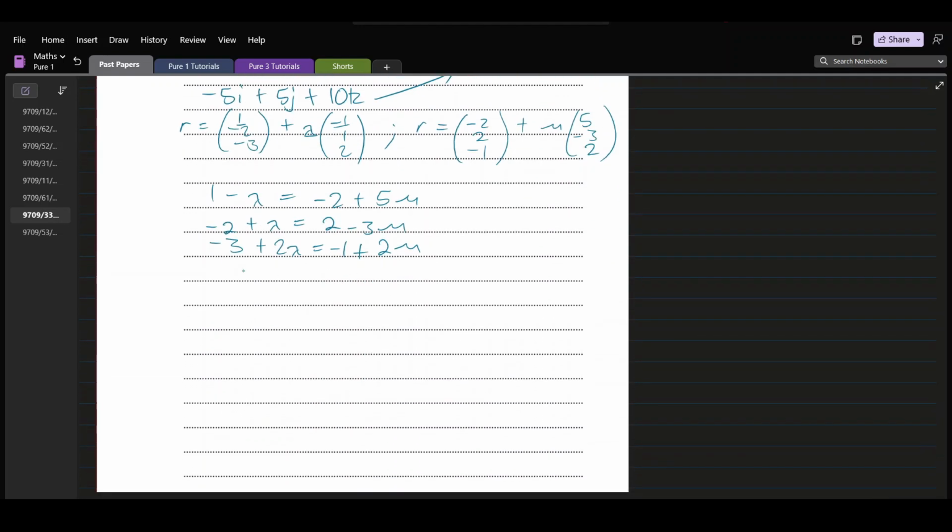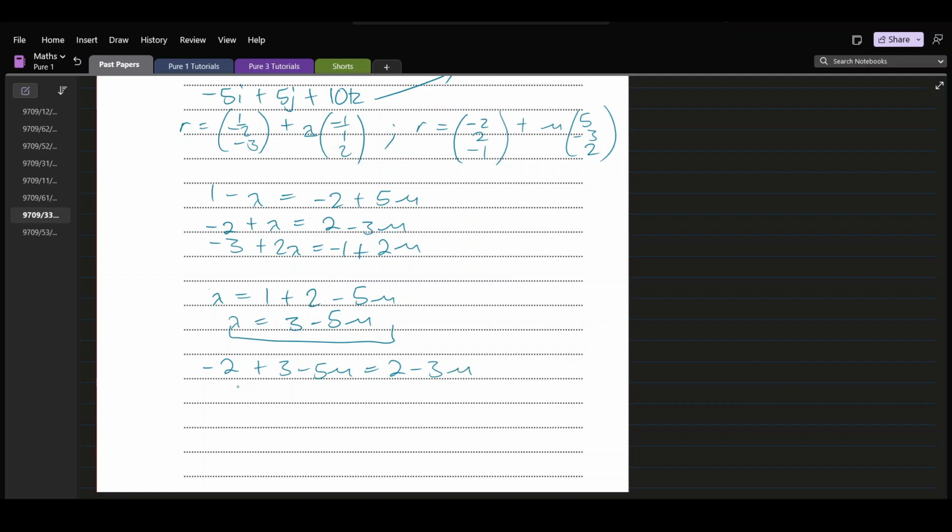Okay, let's deal with the first equation. 1 minus lambda is equal to negative 2 plus 5 mu. Let's make lambda the subject of the formula. So lambda is equal to 1 plus 2 minus 5 mu. Lambda is equal to 3 minus 5 mu. Let's substitute this into our second equation. So negative 2 plus lambda, which is 3 minus 5 mu, is equal to 2 minus 3 mu.